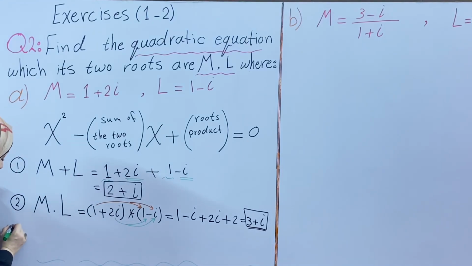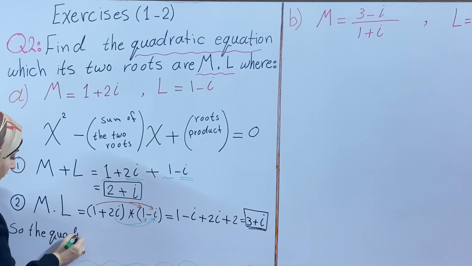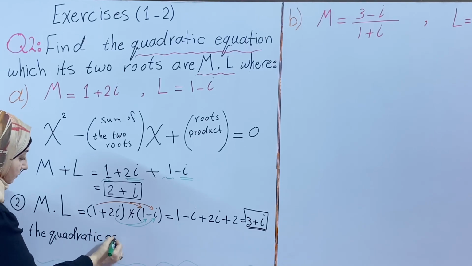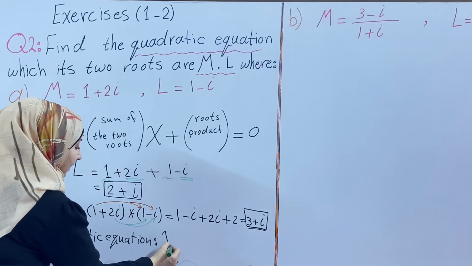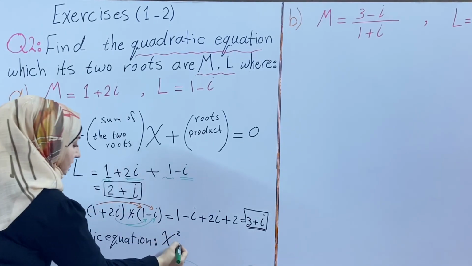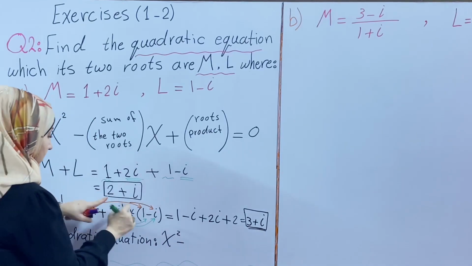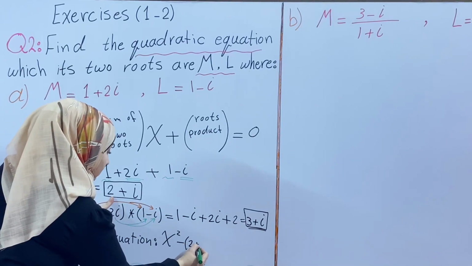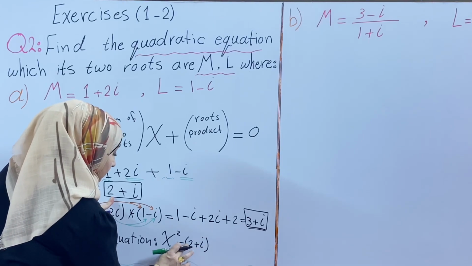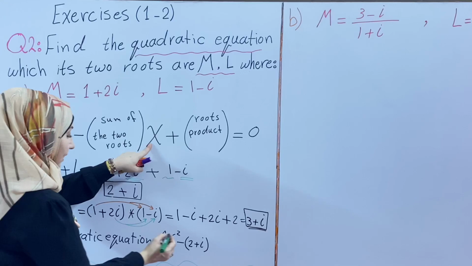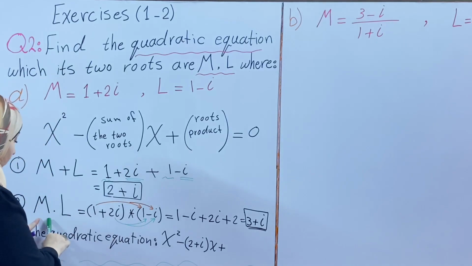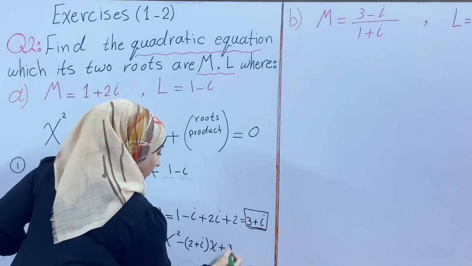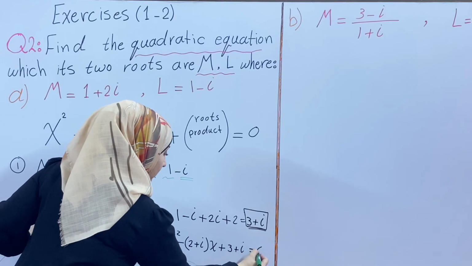So the quadratic equation will be x squared minus the sum of the two roots, which is 2 plus i, so 2 plus i times x, plus the product of the two roots, which is 3 plus i, equal 0.